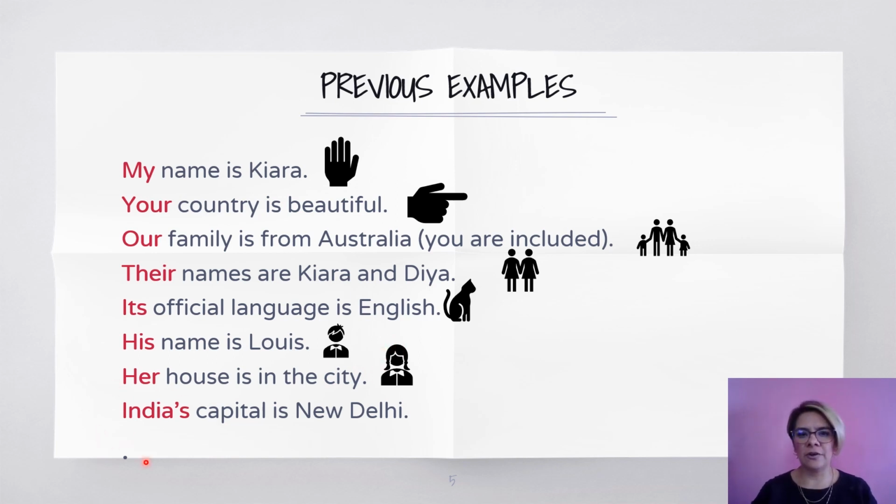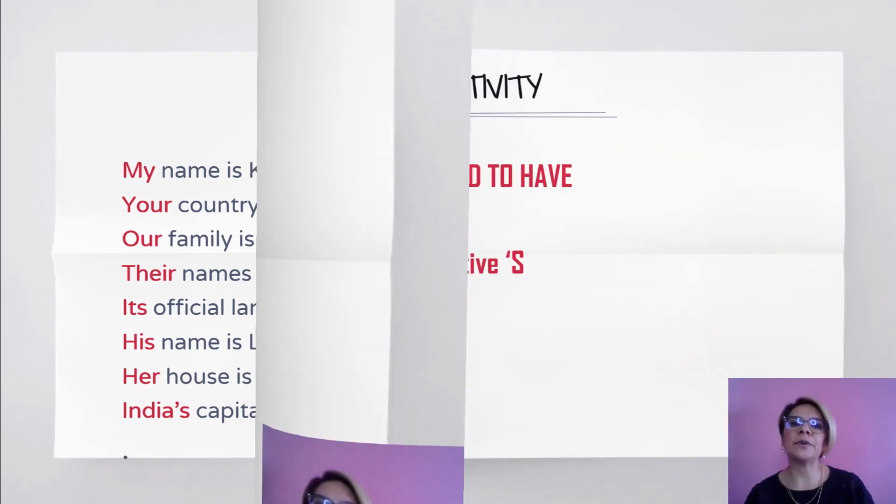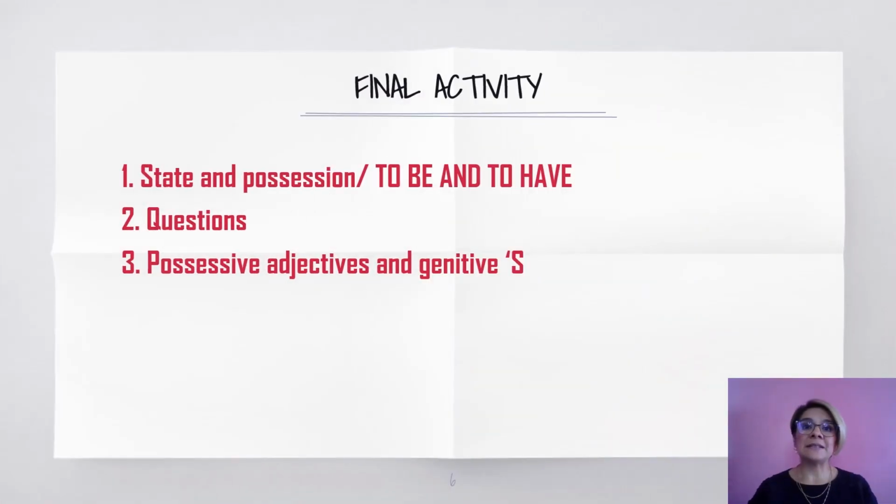And another way to express possession is adding to the name of a person or a place an apostrophe and an S.